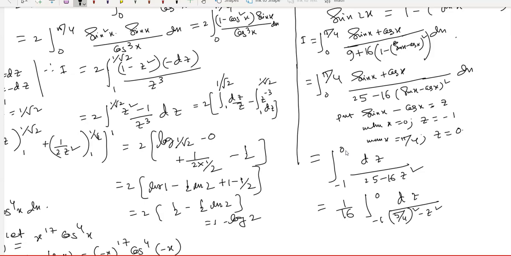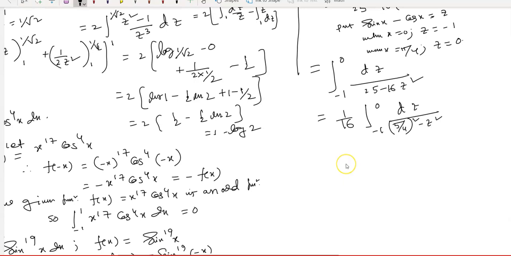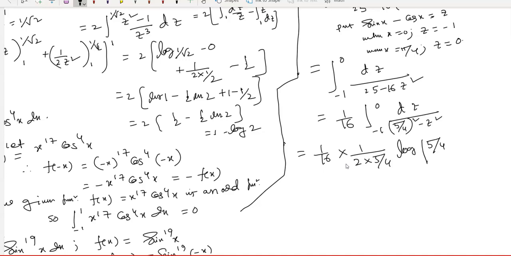All of you understand the manipulation? Take 16 as common. Then this is done. Okay. So 1 by 16, 1 by 2a log of (a plus x) by (a minus x).